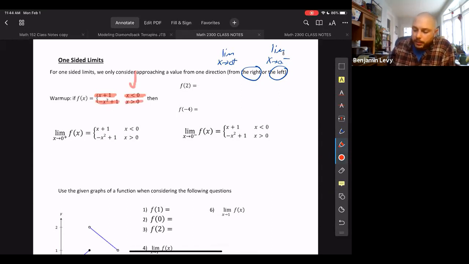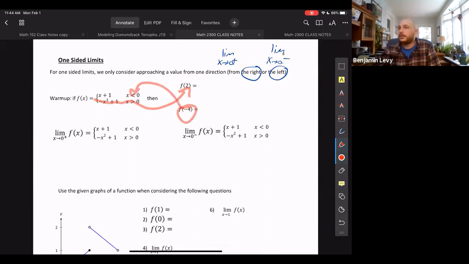And this part on the right tells us which piece to plug numbers into. So if we want to look at f of 2, we think, is 2 bigger than or less than 0? It's bigger than 0. And so we would use the bottom piece for the number 2. But negative 4 is less than 0, and so we would use the top piece.